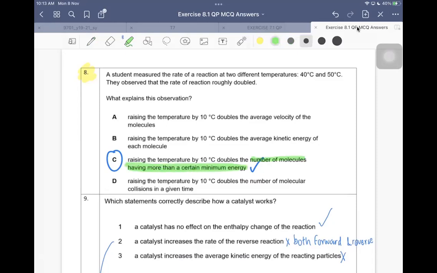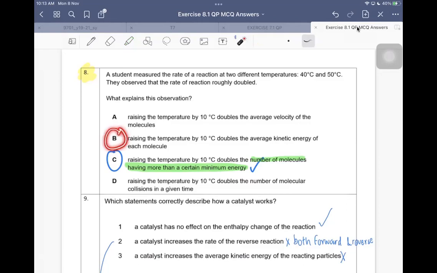That means the number of molecules having energy bigger than activation energy is the main factor that explains the effect of increasing temperature.